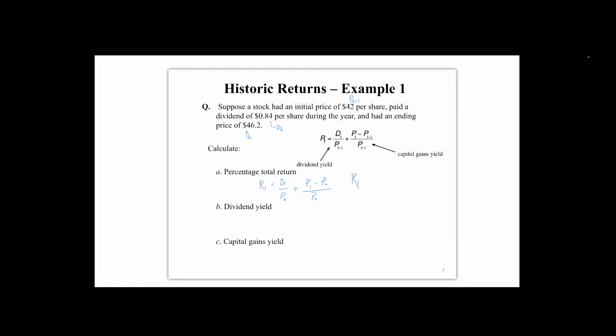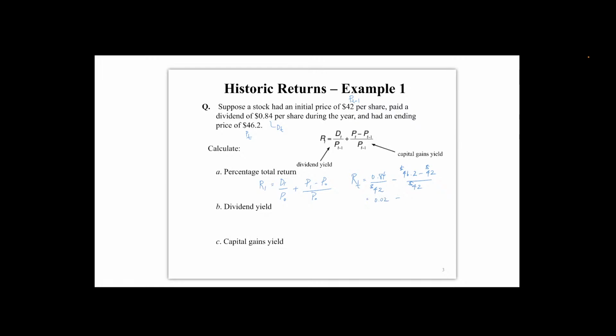So R_T is equal to D_T of 84 cents divided by last year's price, which is $42, plus (46.2 minus $42) divided by $42. So 84 cents divided by 42 gives 2%.